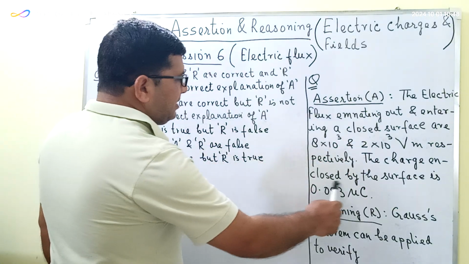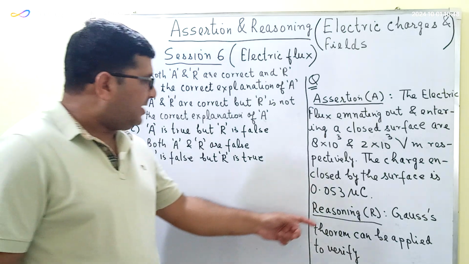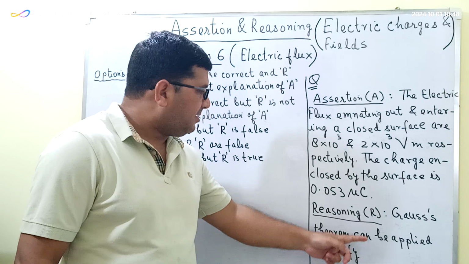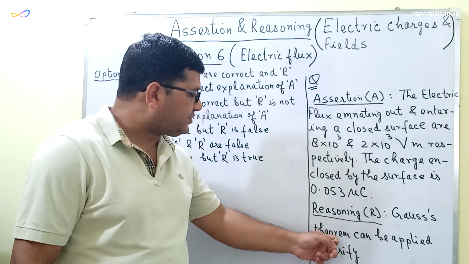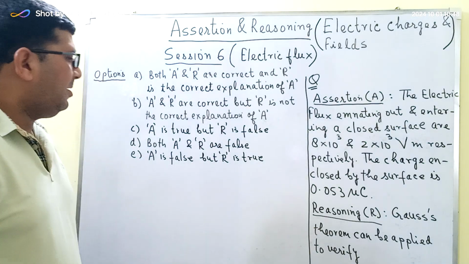So the charge enclosed by the surface is equal to 0.053 microcoulomb, and the reasoning is given as the Gauss law, or you can say the Gauss theorem, can be applied to verify this assertion.